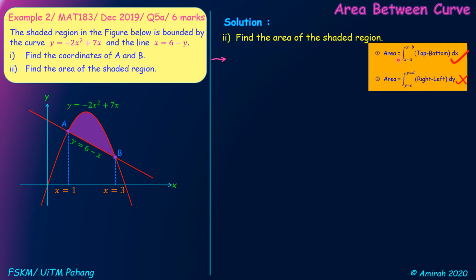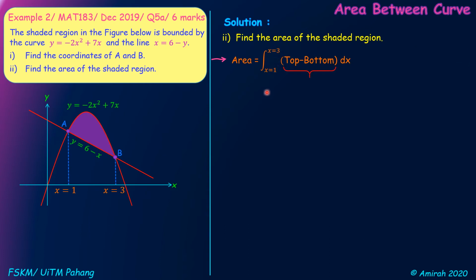From the first formula, area equals the integral from x equals a to x equals b of top minus bottom dx. Now our lower limit is x equals 1, and our upper limit is x equals 3.